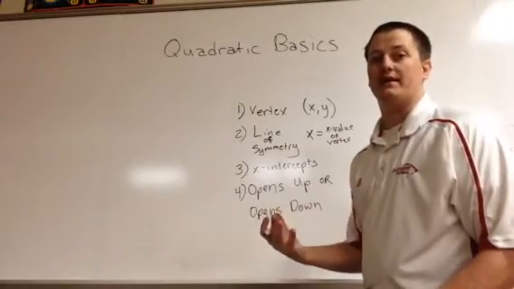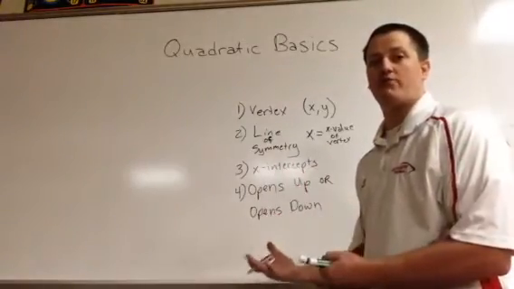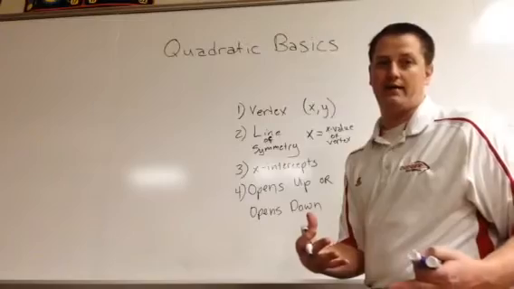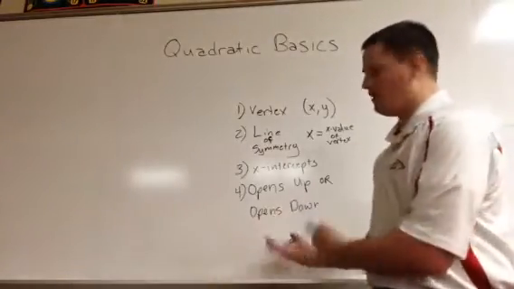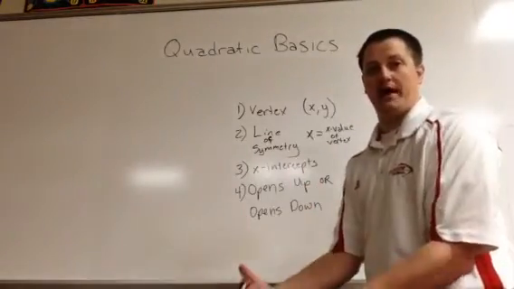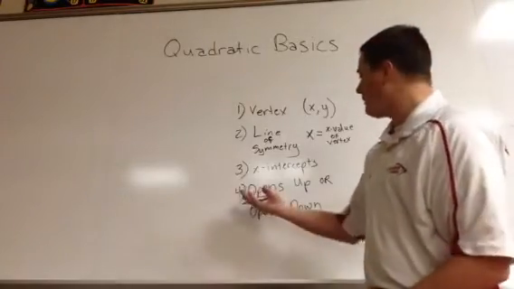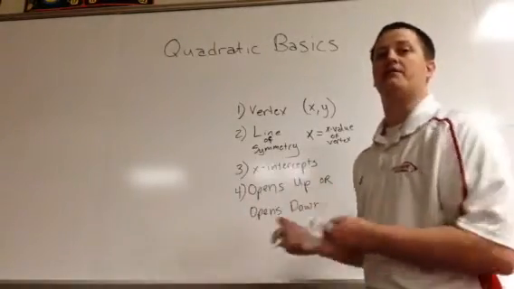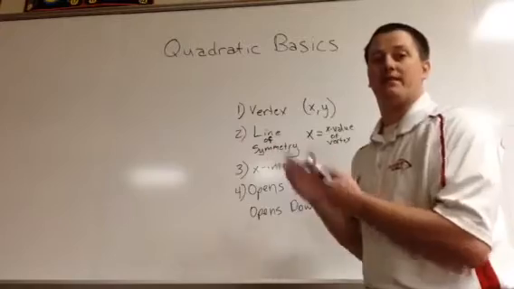This will tell us whether we have a negative quadratic or a positive quadratic. Negative being ones that open down because they keep going down, or positive, ones that open up because they keep going up.